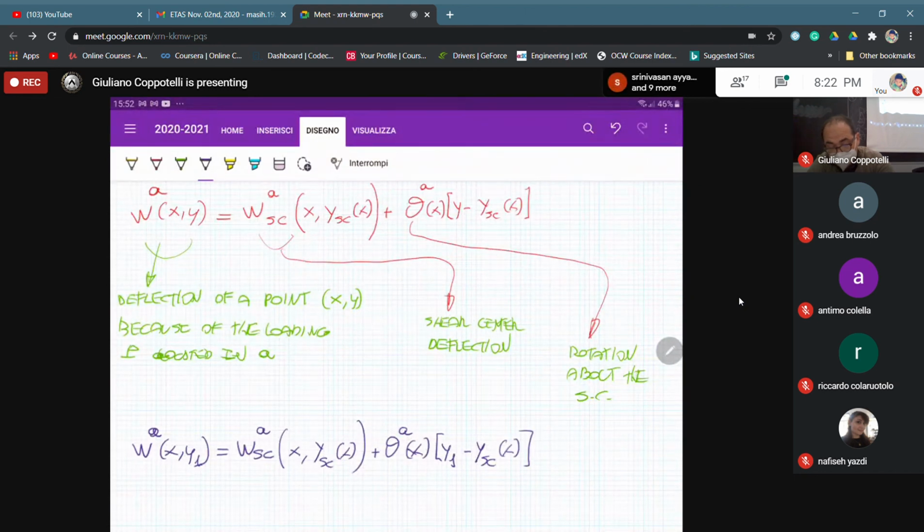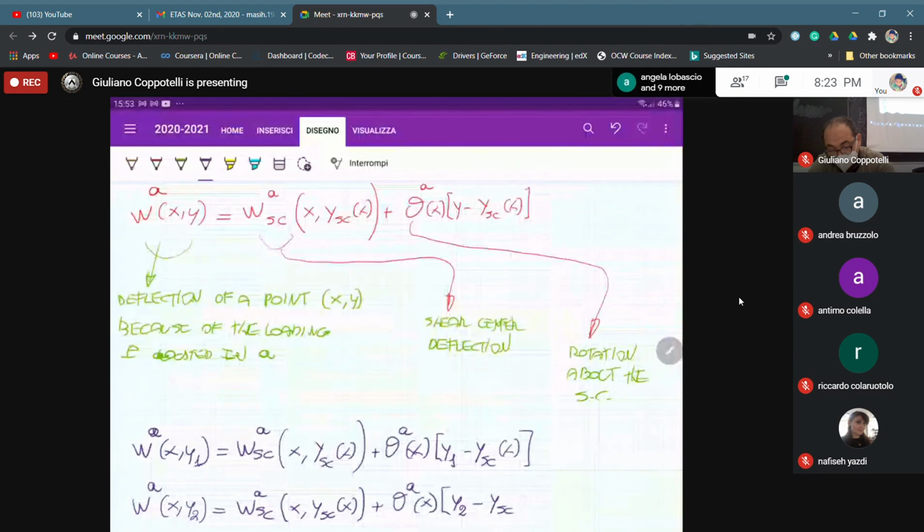And another point, deflection because of the loading condition A, but at the point y2 is equal to the same contribution concerning the deflection of the shear center because it's still there for the given section, plus theta A x, but this time we have to consider a different y coordinate.